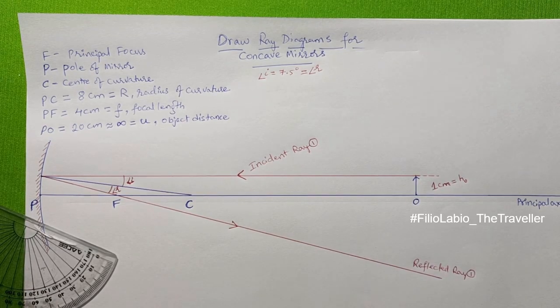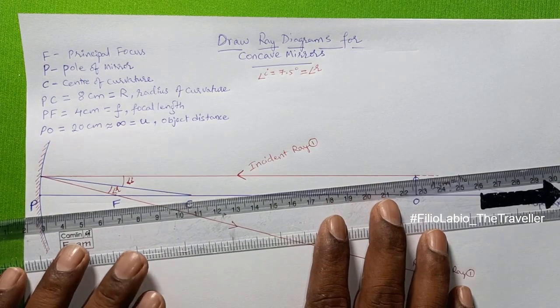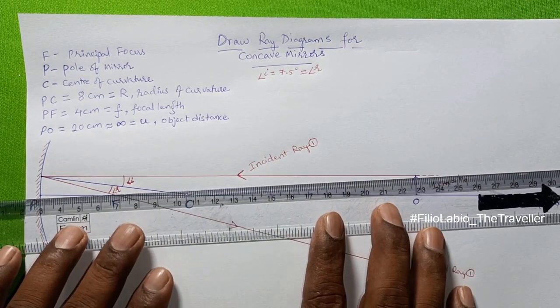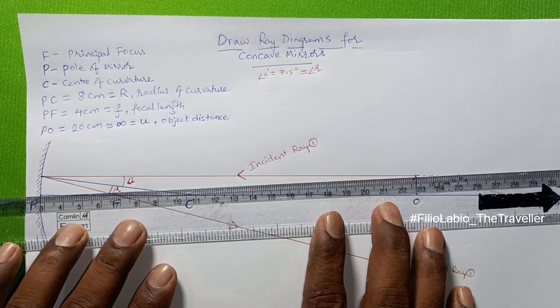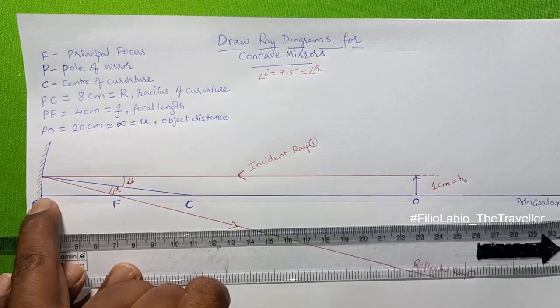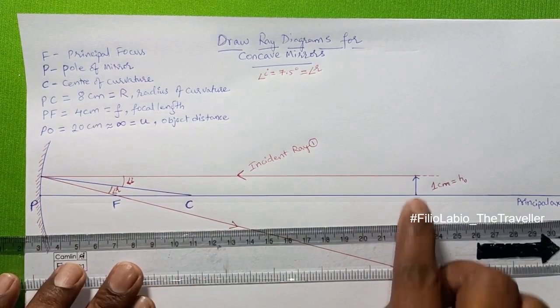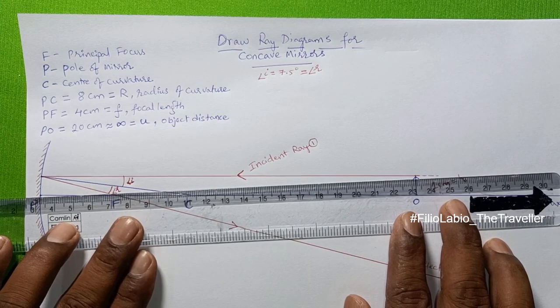Now draw the second ray. So how to draw the second ray? Now from the tip of the object to the pole, connect these two.